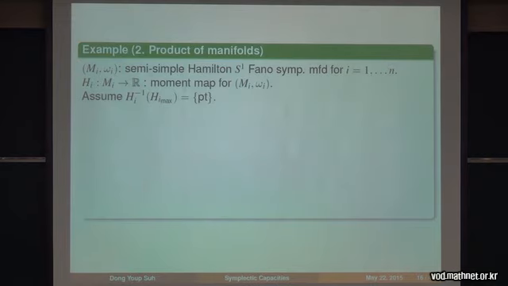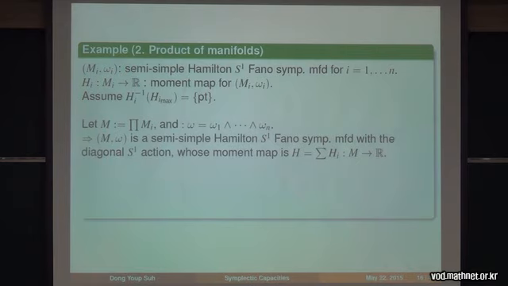And also we can do similar work for products of symplectic Fano manifolds, where each factor satisfies the condition, that is, the maximal part consists of just one single point.